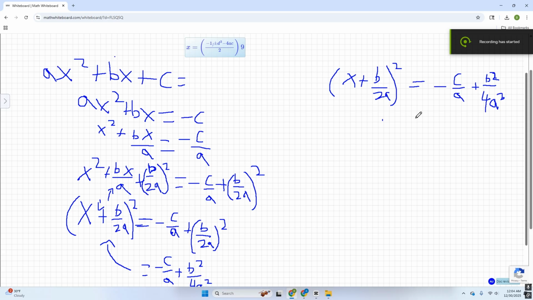Okay, now simplifying it even further, we don't like this, okay? We don't like two fractions being added to each other with different denominators.